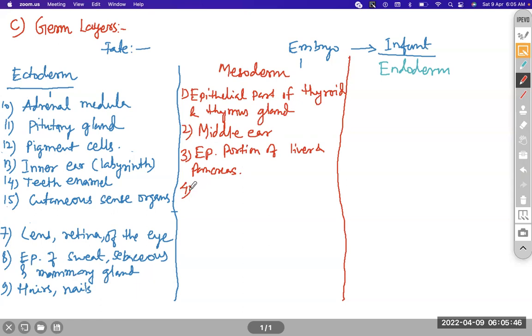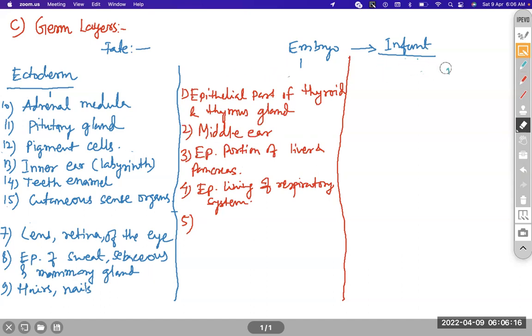Epithelial lining of the respiratory system. सब एंडोडर्म से डिराइव होते हैं.